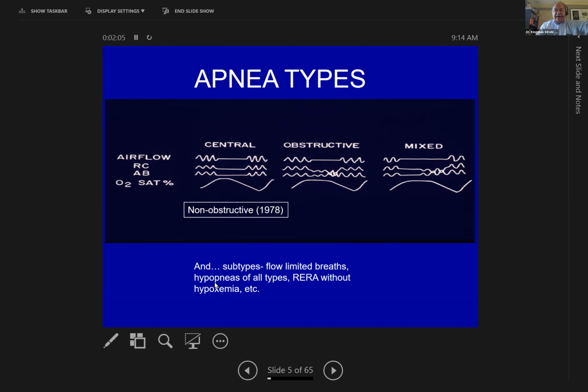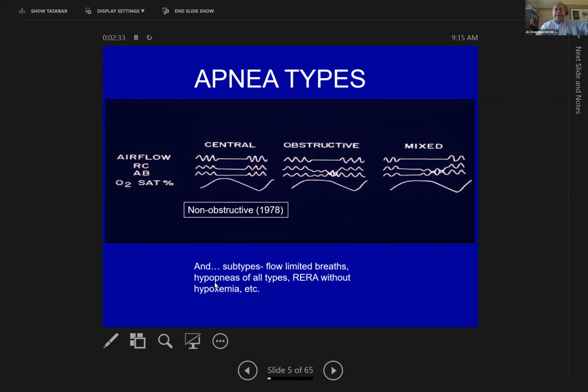Obstructive apneas are where the upper airway closes, and mixed apneas are a combination of a non-obstructive and an obstructive apnea. And then we have different subtypes: flow limited breaths, hypopneas of all types, respiratory effort related arousals, RERAs, without hypoxemia, and all sorts of various things that people look at. Cheyne-Stokes respiration is at a longer time frame.